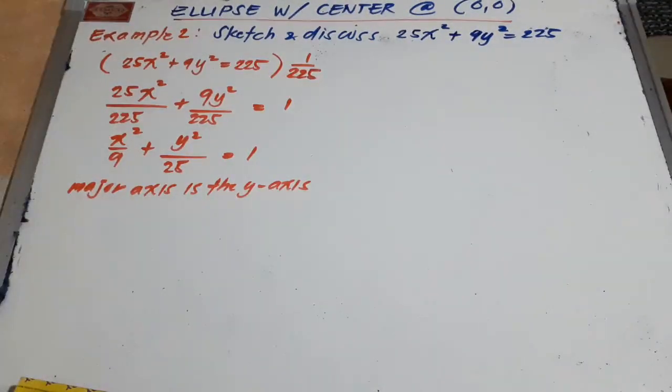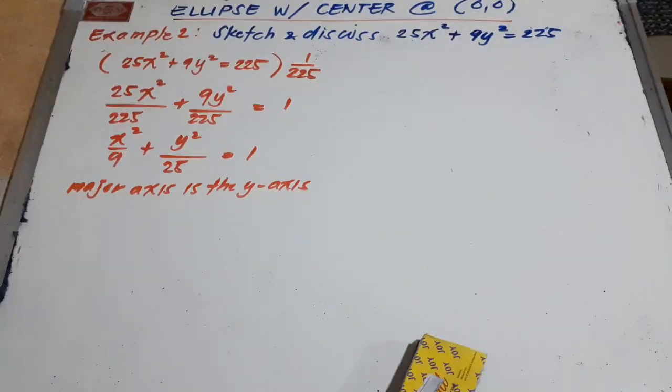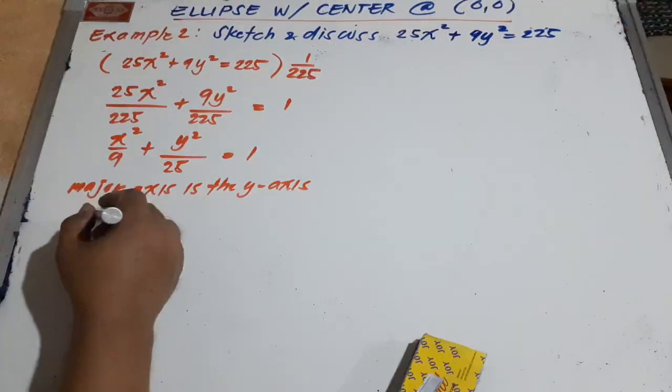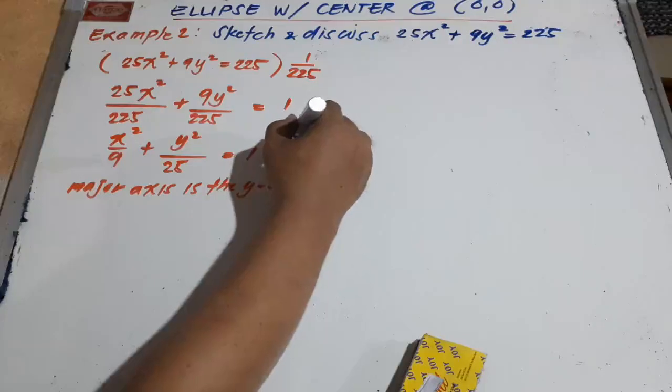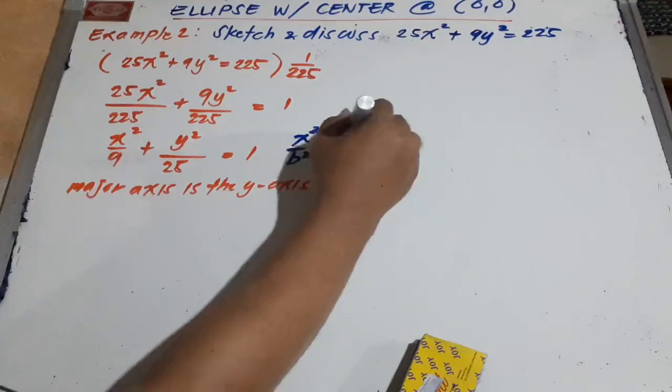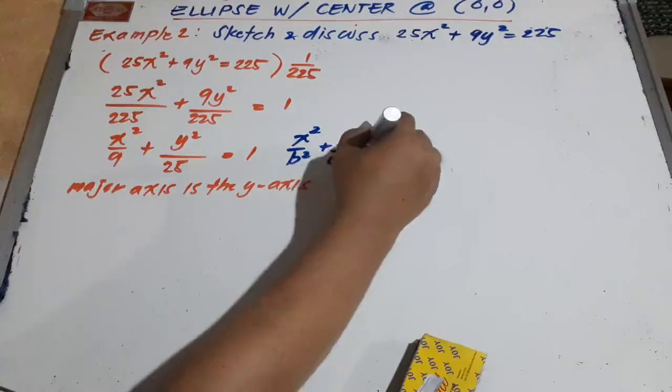Okay? Now, the next step is to solve for the values of A, B, and C, and also the length of the latus rectum and the equation of the directrices. So, by the way, match muna natin doon sa standard form. We have x squared over b squared plus y squared over a squared equals 1.